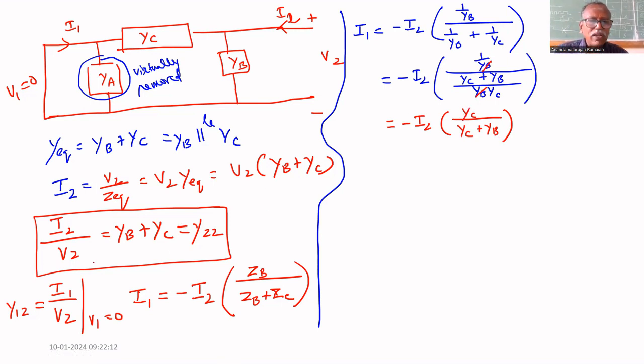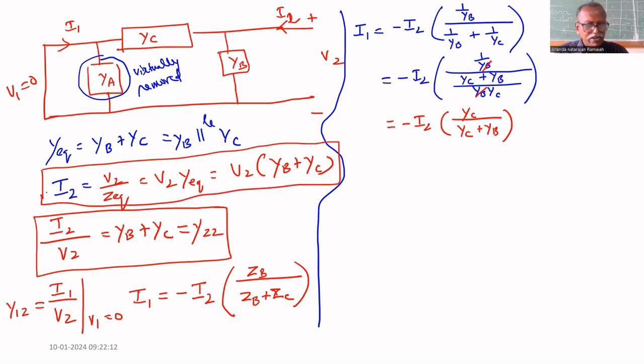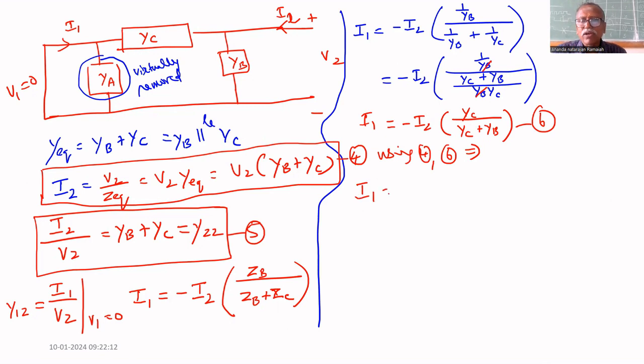Now I2, already we know the expression for I2. This is the fourth equation, this is fifth, this is sixth. Using 4 and 6, I1 equal to minus I2, which can be written as V2 multiplied by YB plus YC, multiplied by YC divided by YC plus YB.